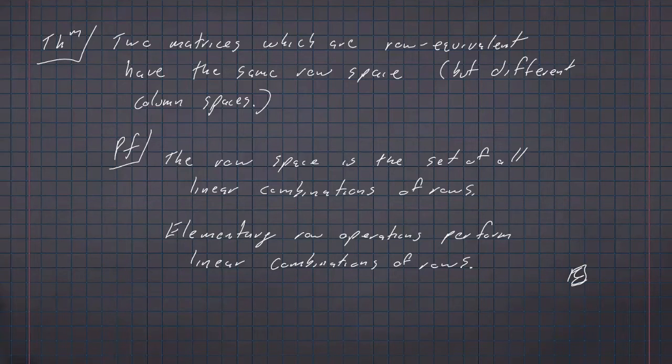So again, not really a full proof, just a sketch of the idea of a proof, but hopefully enough to convince you that two matrices which are row equivalent will have the same row space. And having that allows us to build up this next theorem.